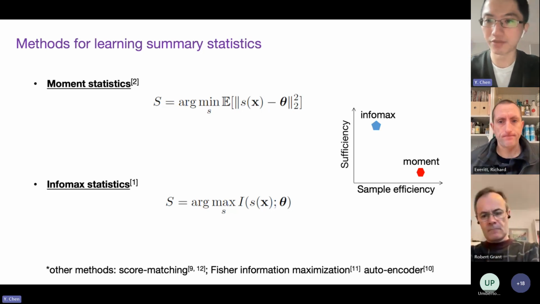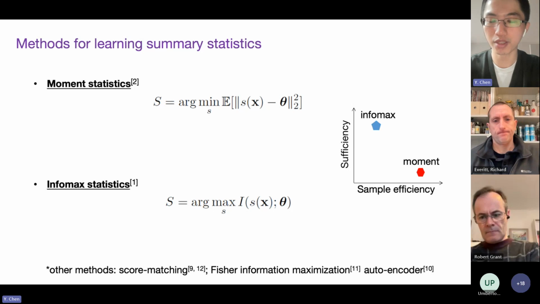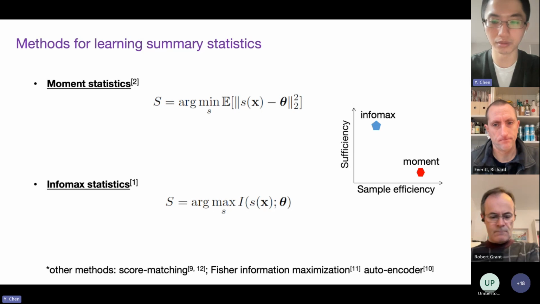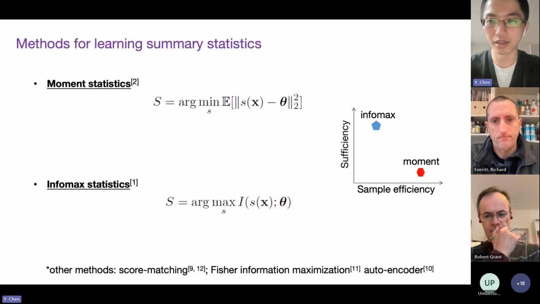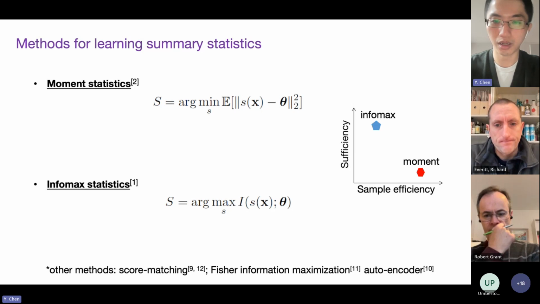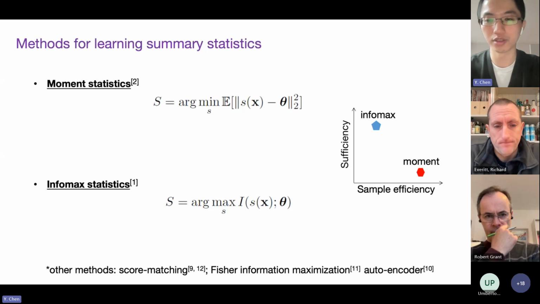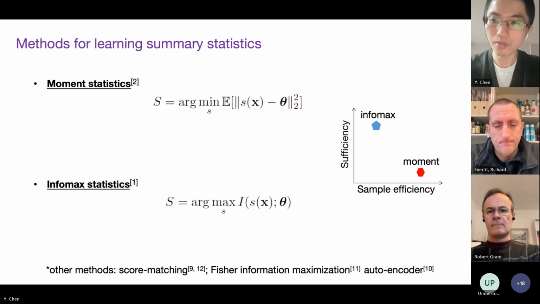For example, this infomax approach can theoretically attain better sufficiency because of the connection between sufficient statistics and the infomax principle. But the bad thing here is that mutual information is quite difficult to estimate, especially when there are just limited samples.